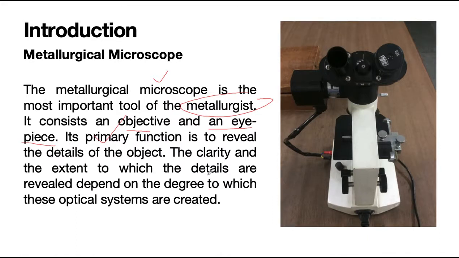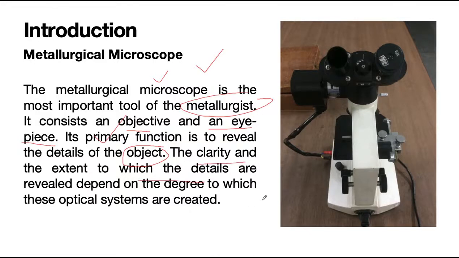Its main function is to reveal the detailed structures of a particular object. In our case, we are going to look at the microstructure of the mild steel specimen, and the details of the microstructure of the object depend upon the magnification used.